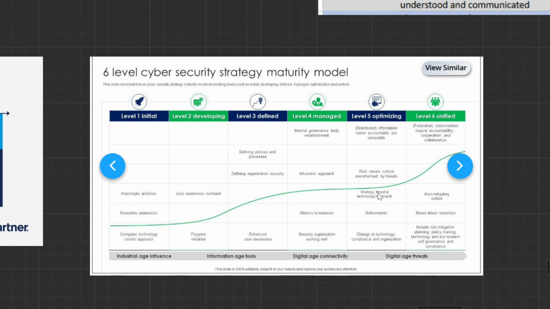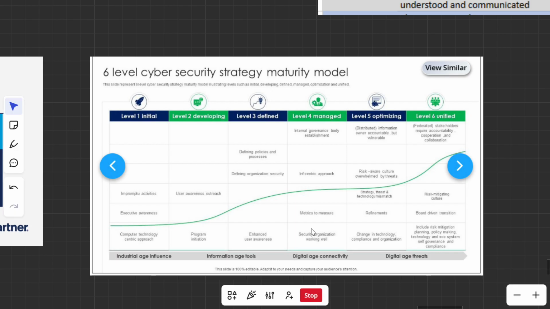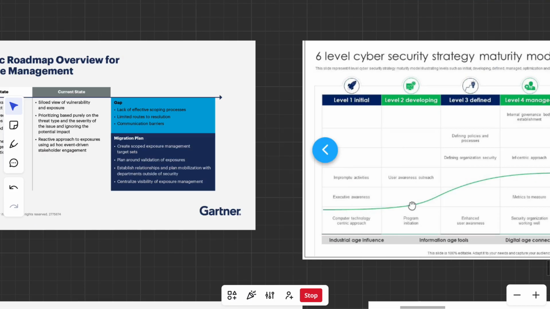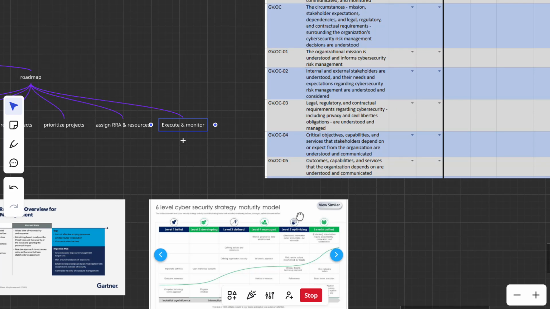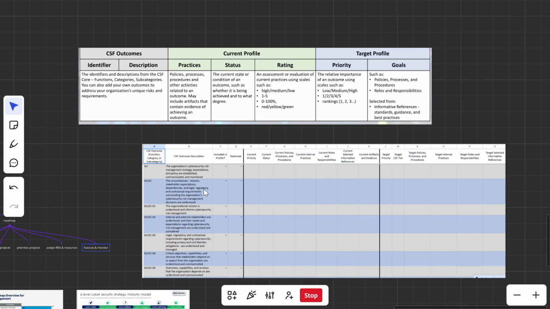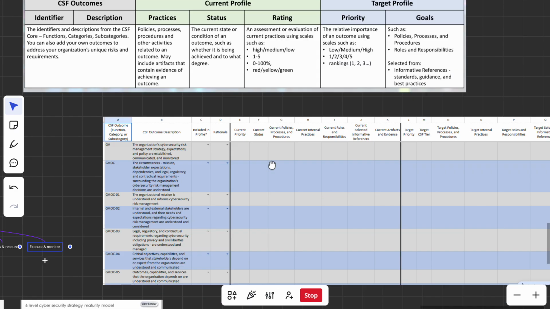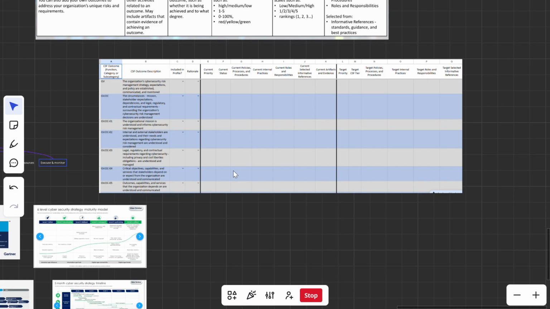You might be achieving something very efficiently and effectively, and some other things you don't need to achieve as effectively. So this is what maturity means. This is the Gartner one as well. It gives you the future state, current state, the gap, and the migration plan. This is the NIST CSF that you can use for current and target state templates.